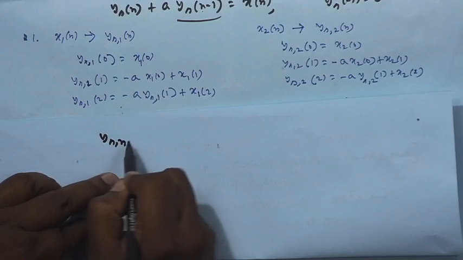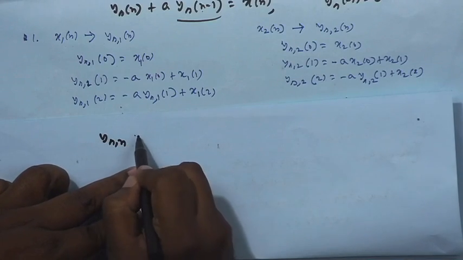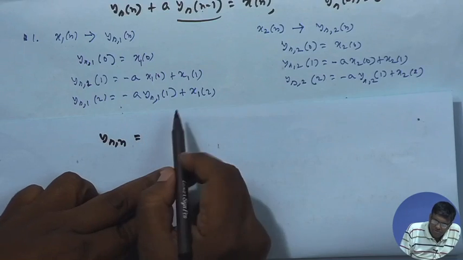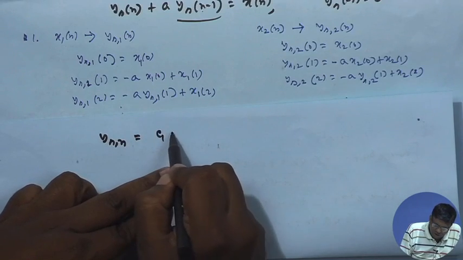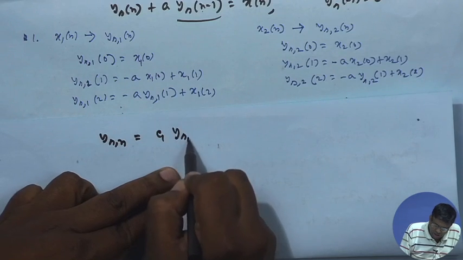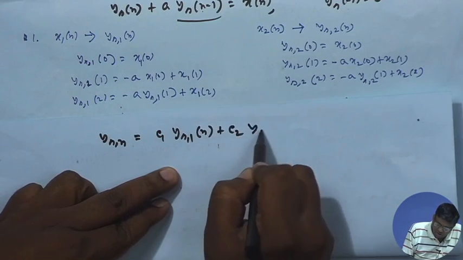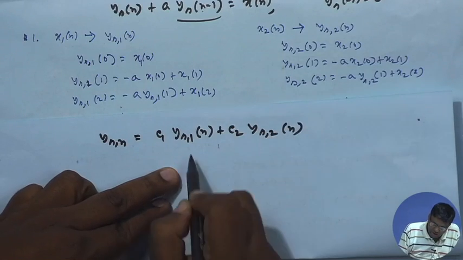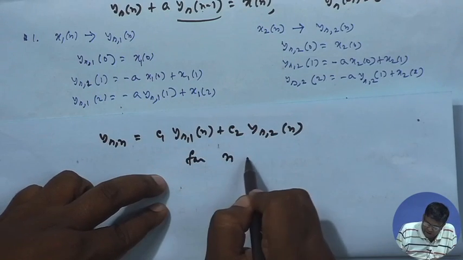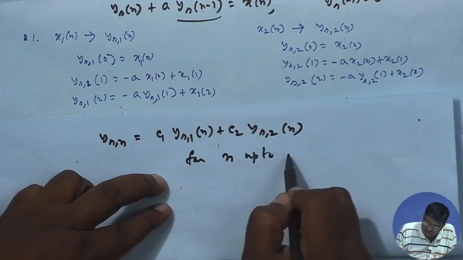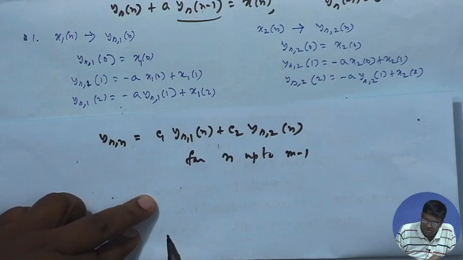Suppose y_s(n) is equal to c1 y_s1(n) + c2 y_s2(n) for n up to, say, m minus 1.